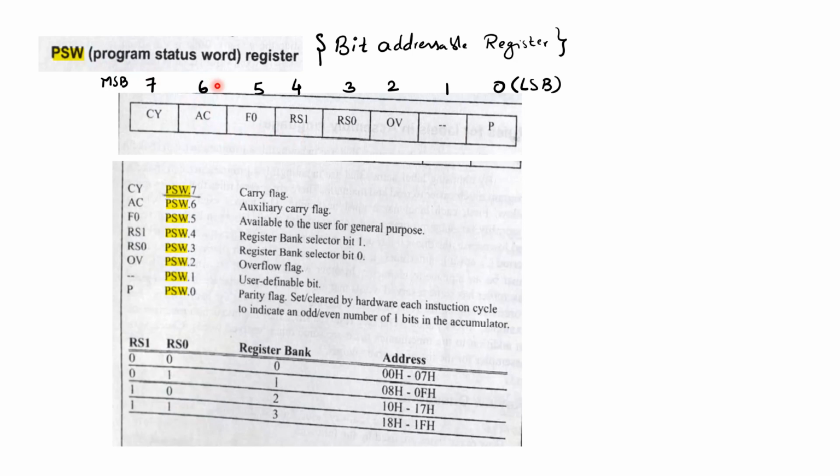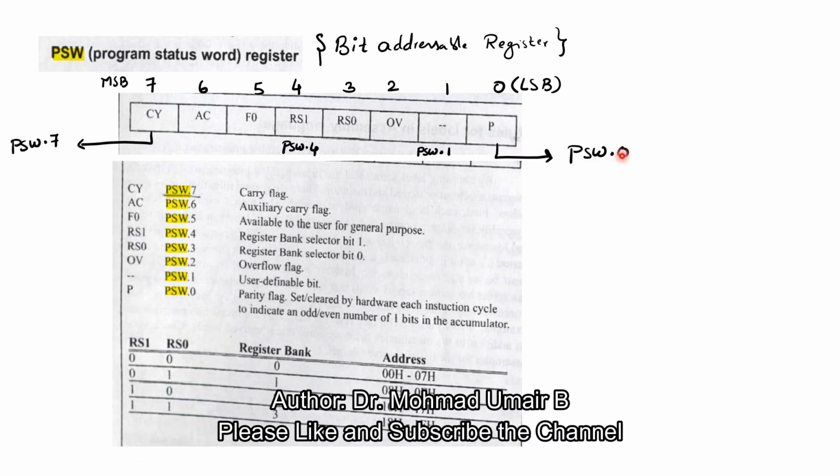If a register is byte addressable, you cannot access a single bit of that register. Since PSW is bit addressable, we can access them. Now what are the symbolic names for these? In assembly language, we represent these bit addresses symbolically as PSW.0, likewise PSW.1, PSW.4 and so on up to PSW.6.